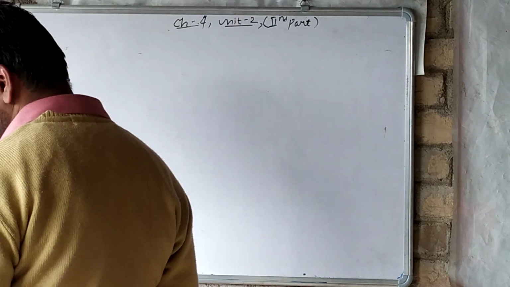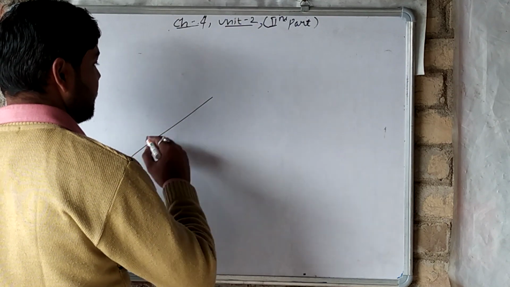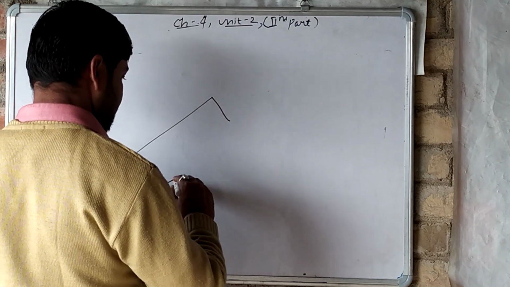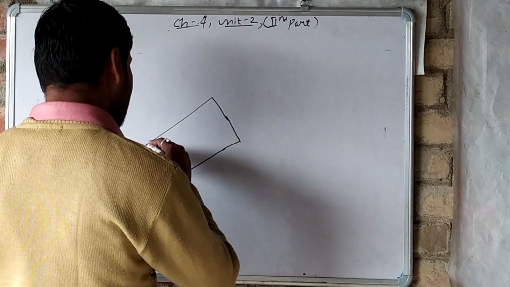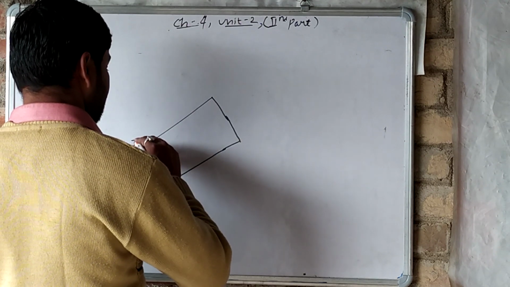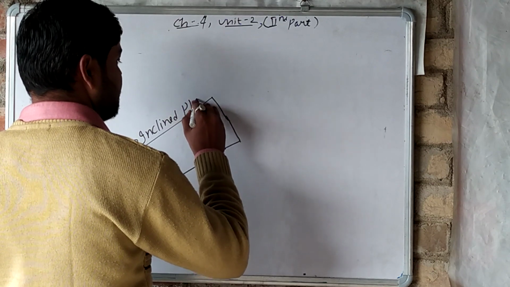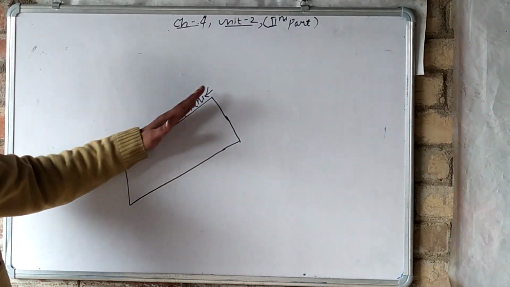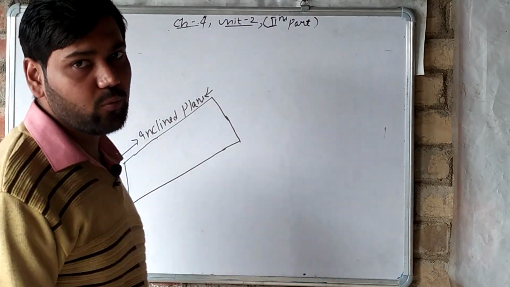In the inclined plane we are seeing what inclined planes are. This is an inclined plane, a slope is an inclined plane.